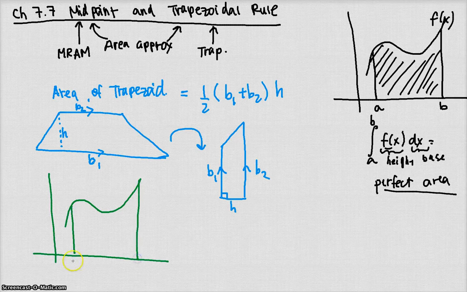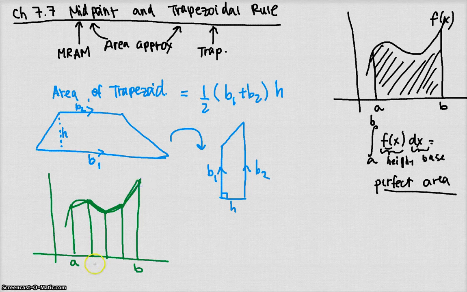If this doesn't look familiar yet, if we cut it from a to b into n trapezoids, instead of cutting it horizontally straight across for a height, we're going to cut it from this point to this point. From this left output to this right output, we're cutting trapezoids this way and this way.